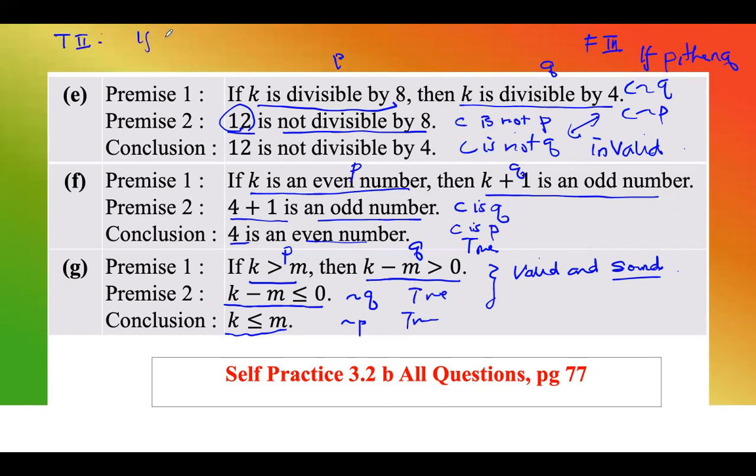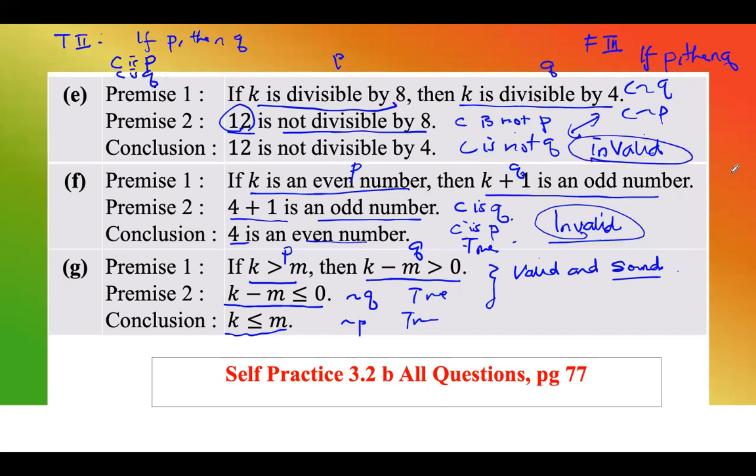So if P, then Q. P is true, right? Or Q is true. So if C is P, C is Q. So here C is Q, C is P. So this is invalid. Not sound and not, right? So invalid. Here two are invalid.